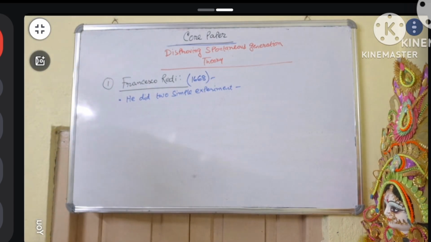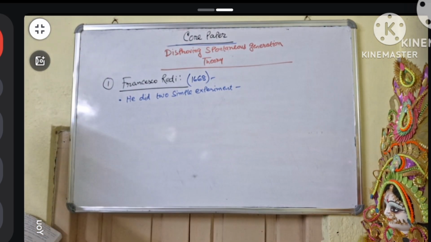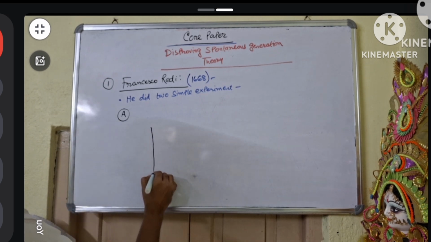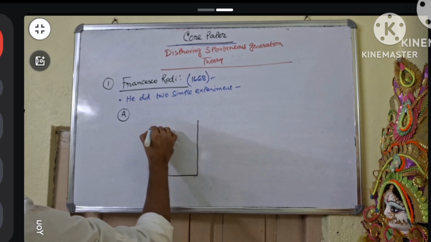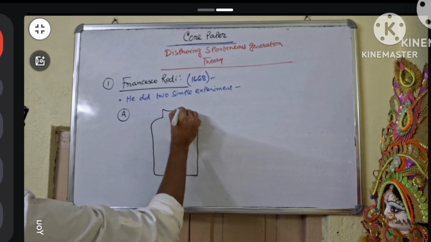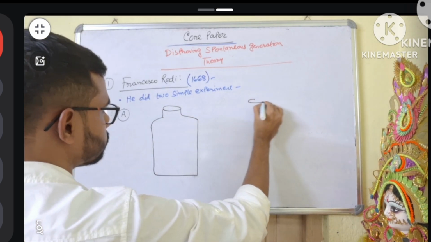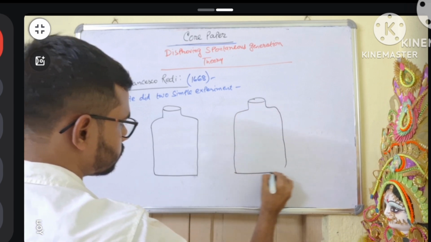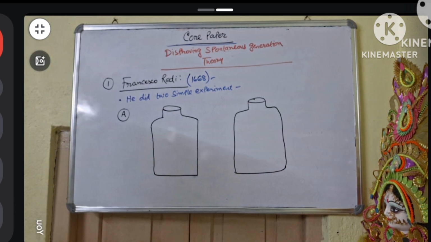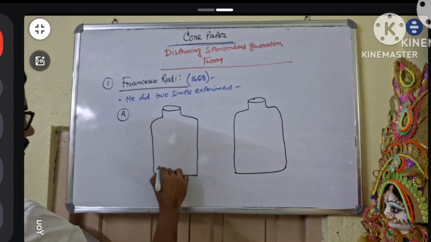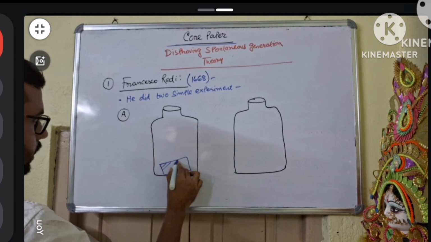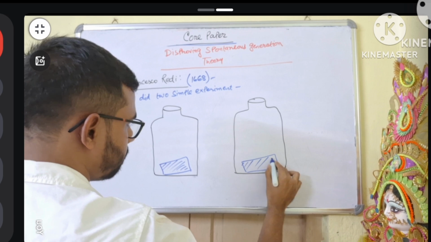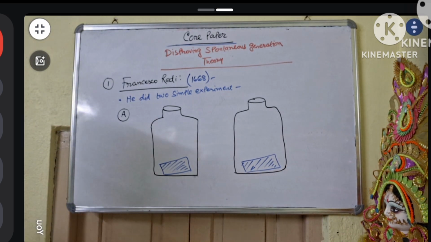To disprove the matter, in experiment number one, he took two glass jars and filled them with a small portion of meat, a piece of meat.